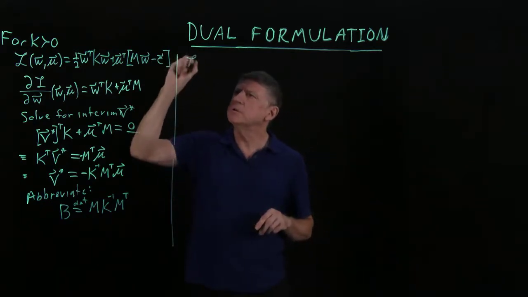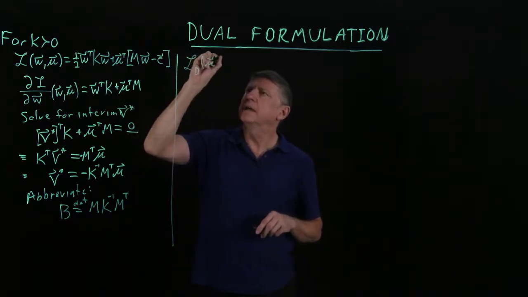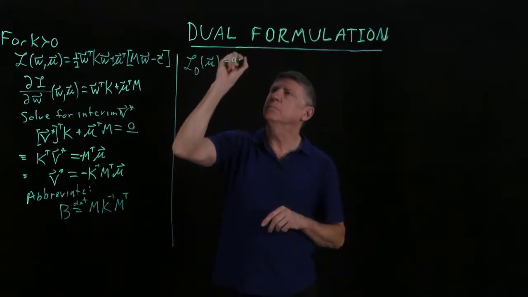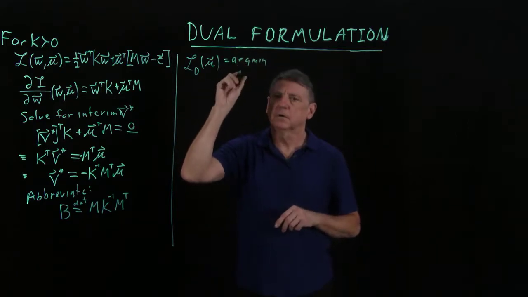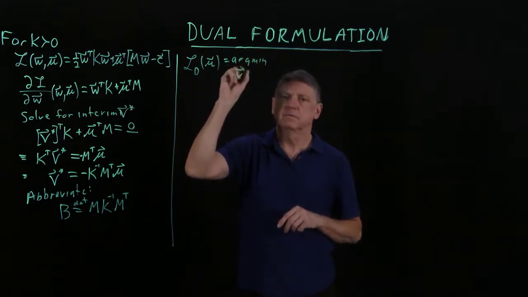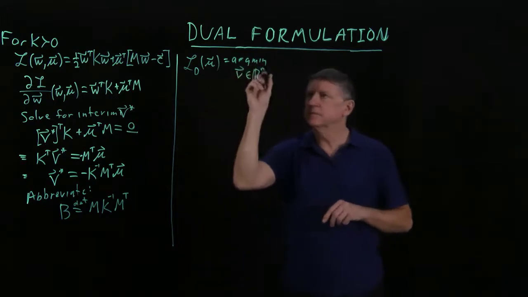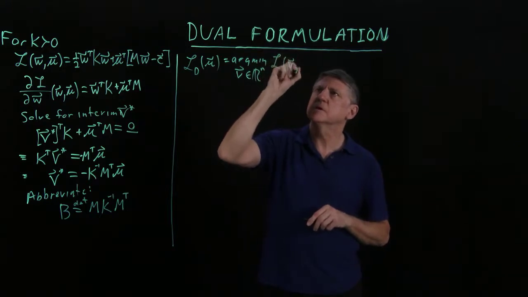So the Lagrange dual function that has the multipliers as its argument, well, that is the argmin over all V in the objective vector space of the primal function.